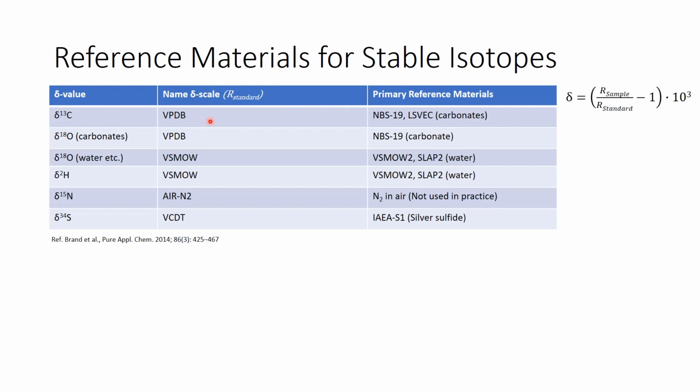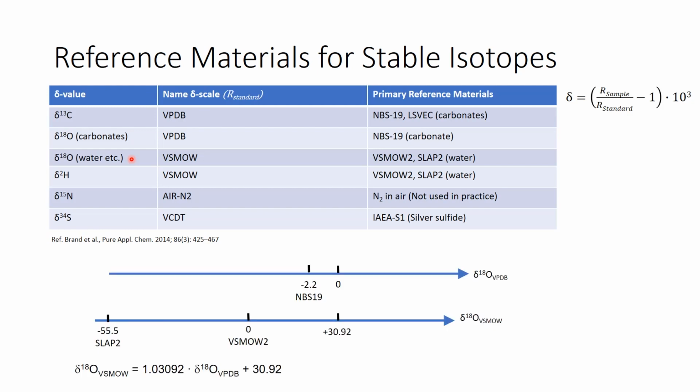We should note that for oxygen, we actually have 2 scales or reference materials that we can compare with. We have the VPDB scale that is used for carbonates, and we have the VSMOW scale used for water and other types of oxygen-containing samples. These 2 scales for oxygen can be correlated to each other, and we can use this equation to convert one oxygen scale into the other.